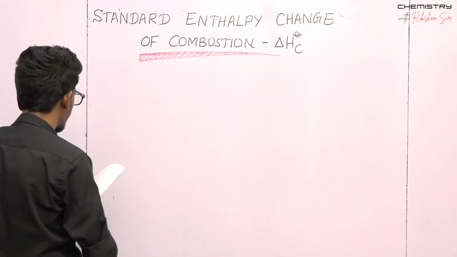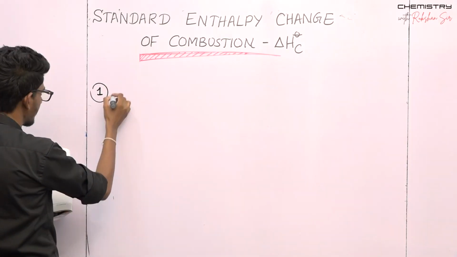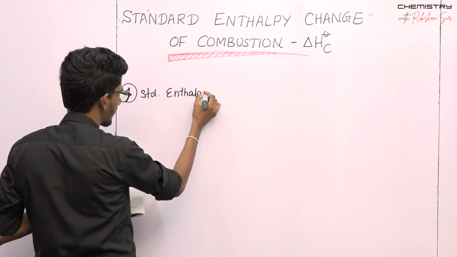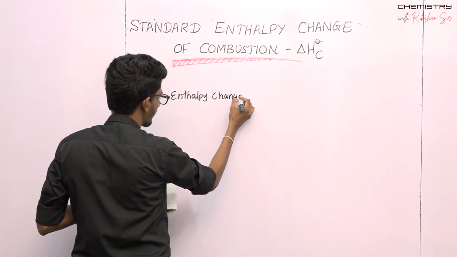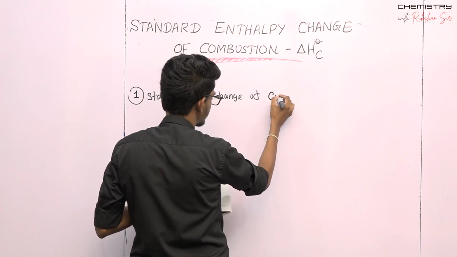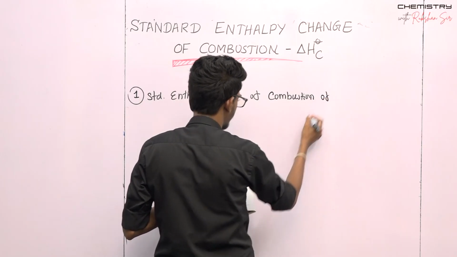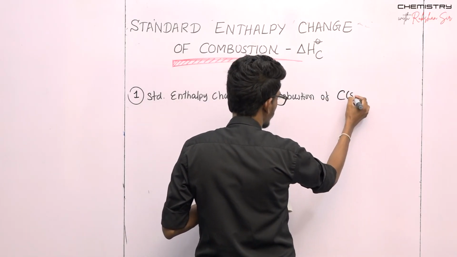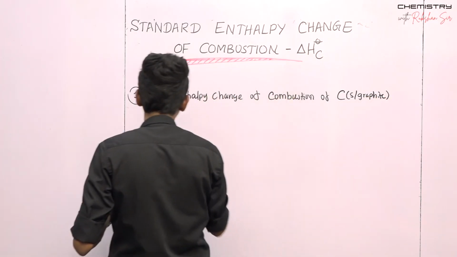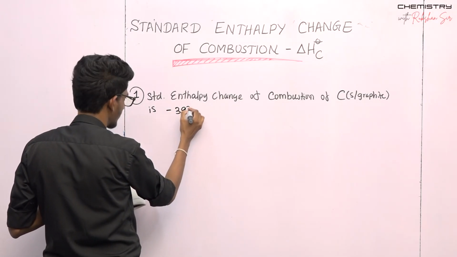The first example we are going to study is the standard enthalpy change of combustion of carbon solid graphite, which is given as minus 393 kilojoules per mole.